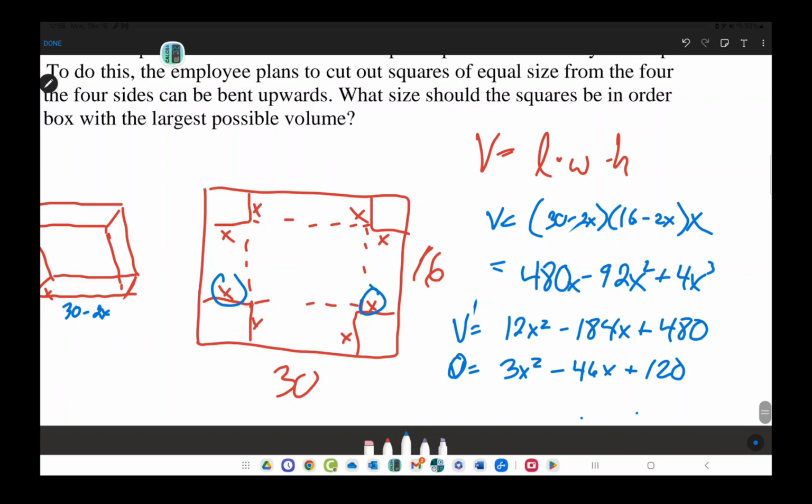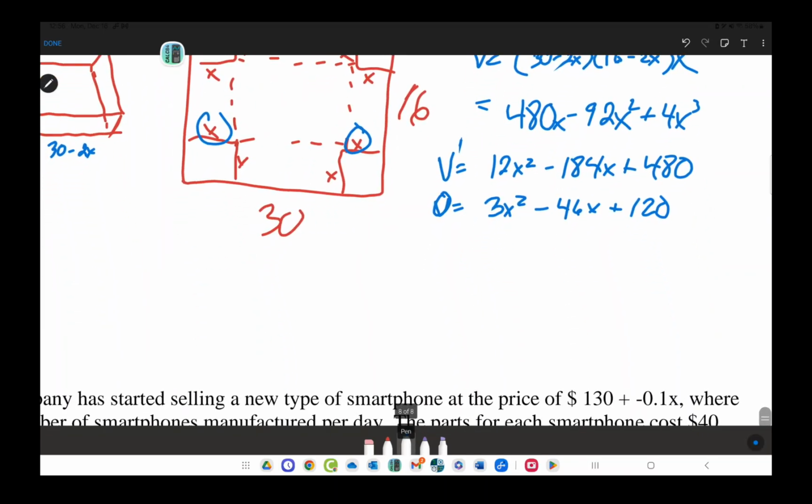Now, feel free to solve this however you want. However you like to solve these, I'm going to factor just because I like factoring. So 360 times negative 46, what do you say the answer was?